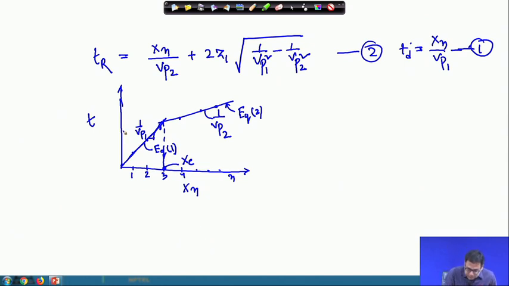Now if I extend this line, this will give T_0. As we are extending equation number 2, this is T_0 corresponding to x_n equal to 0.